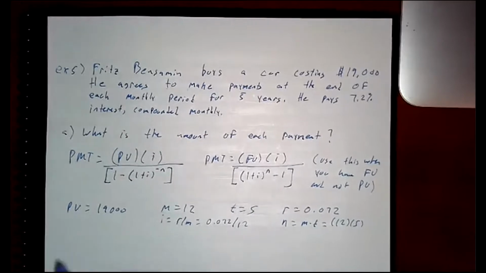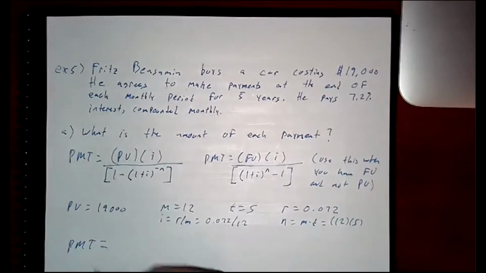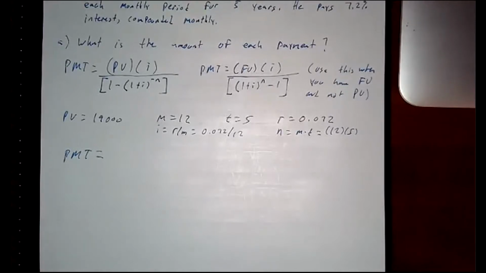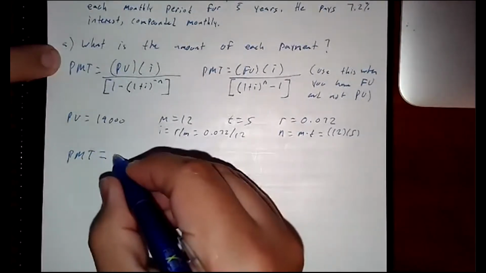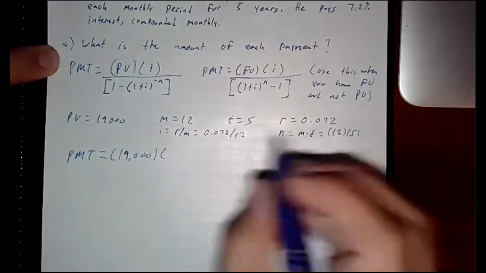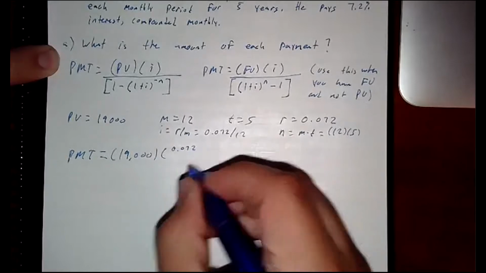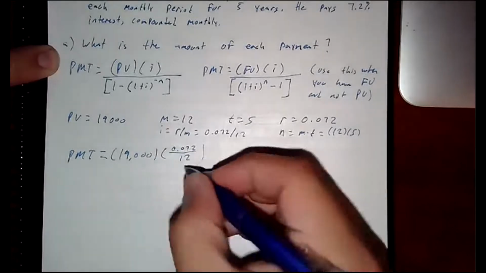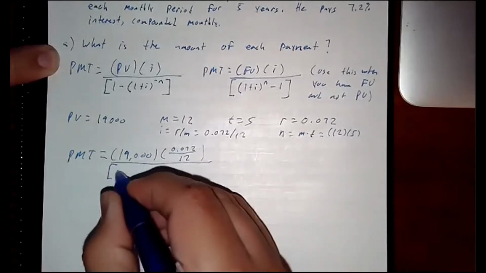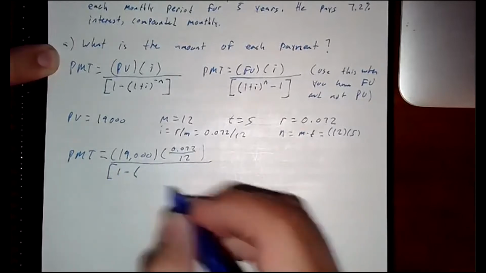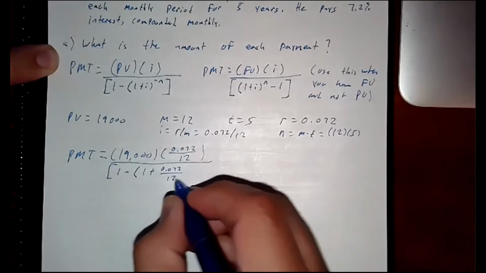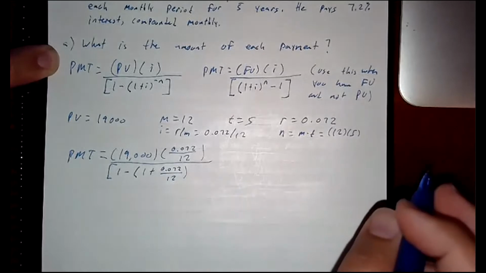So there's the new formula using present value. 19,000 times i, which is 0.072 over 12, divided by 1 minus 1 plus i, so it's 0.072 over 12, to the negative n.